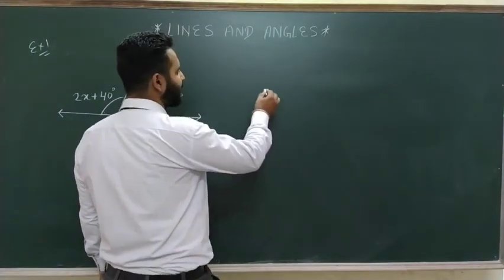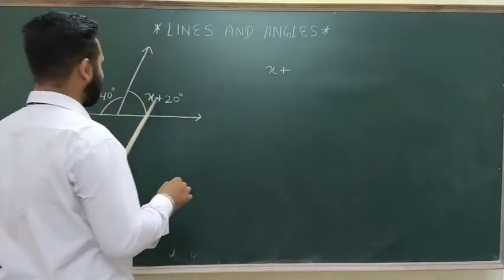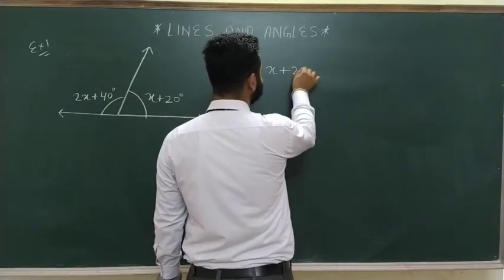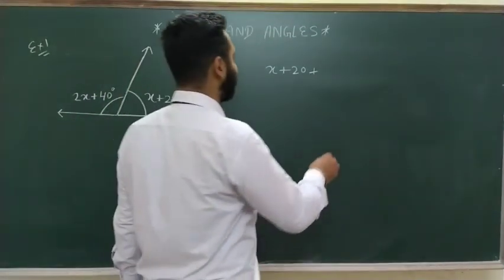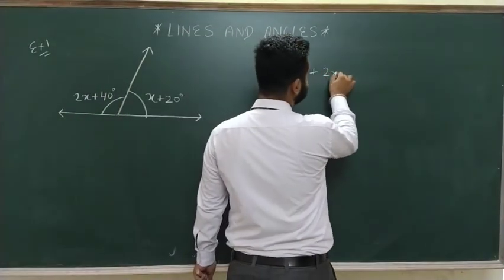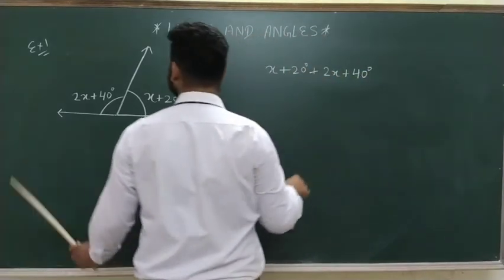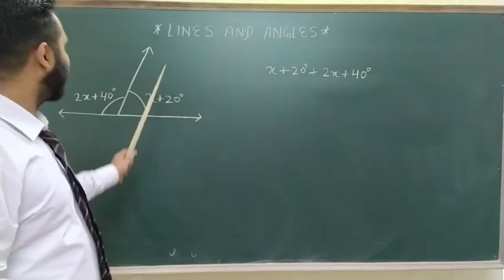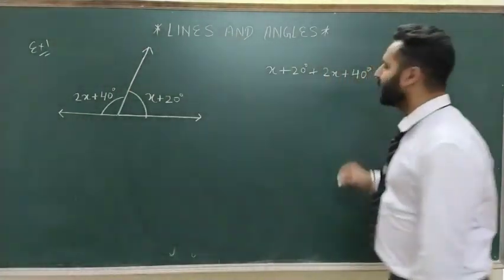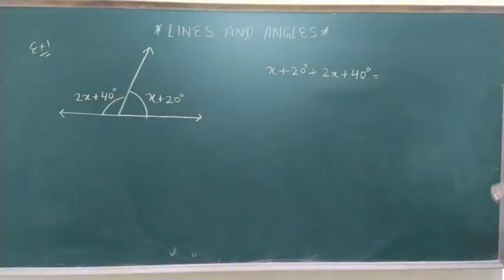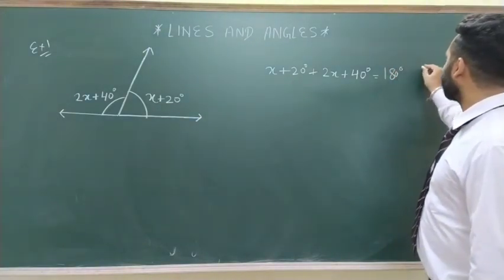So we can say x plus 20 is the first angle plus 2x plus 40 the second angle, because they are on a straight line and adjacent, so they make a linear pair. We all know in a linear pair the sum of the angles is 180 degrees.